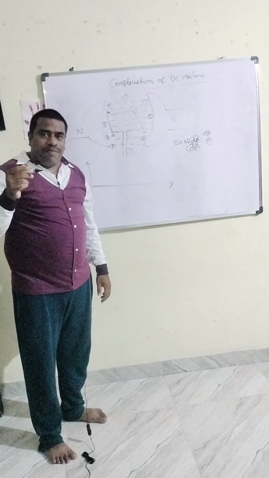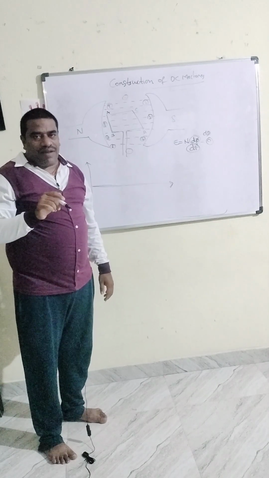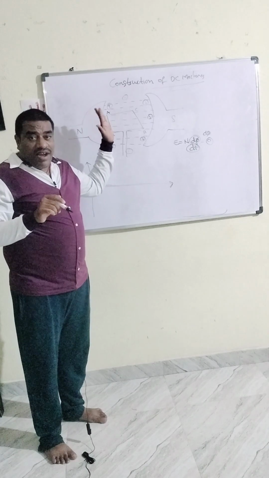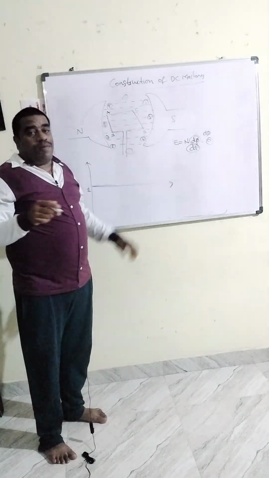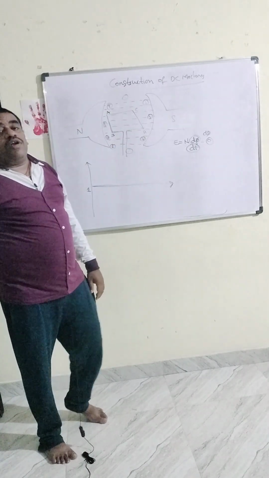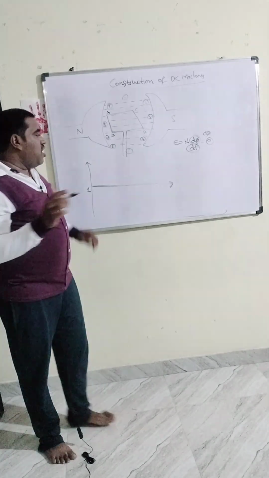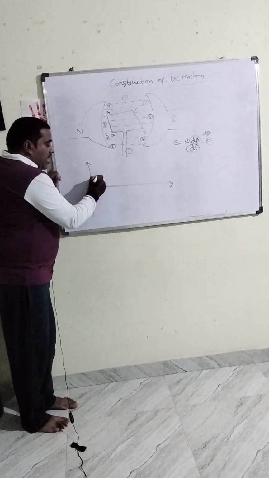The EMF induced in AB and CD will add together. The amount of EMF will be small here, because only a small number of flux lines are cut by the conductor.